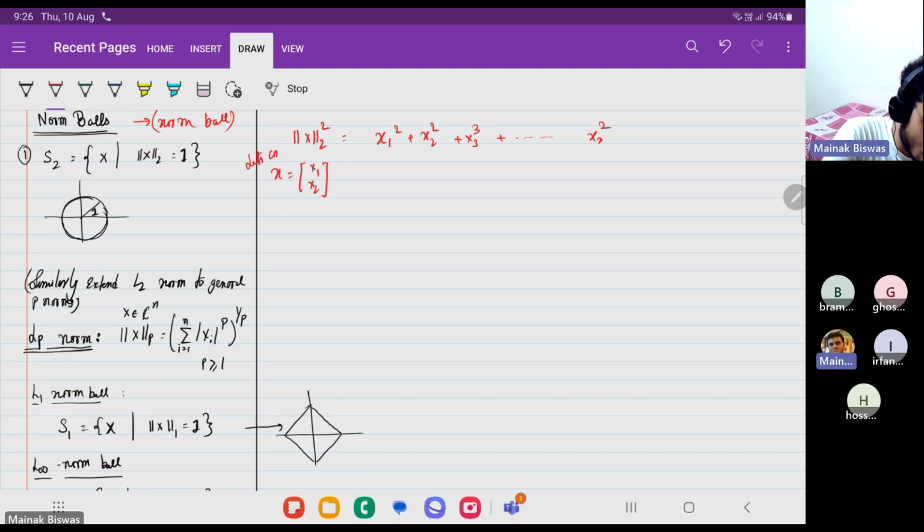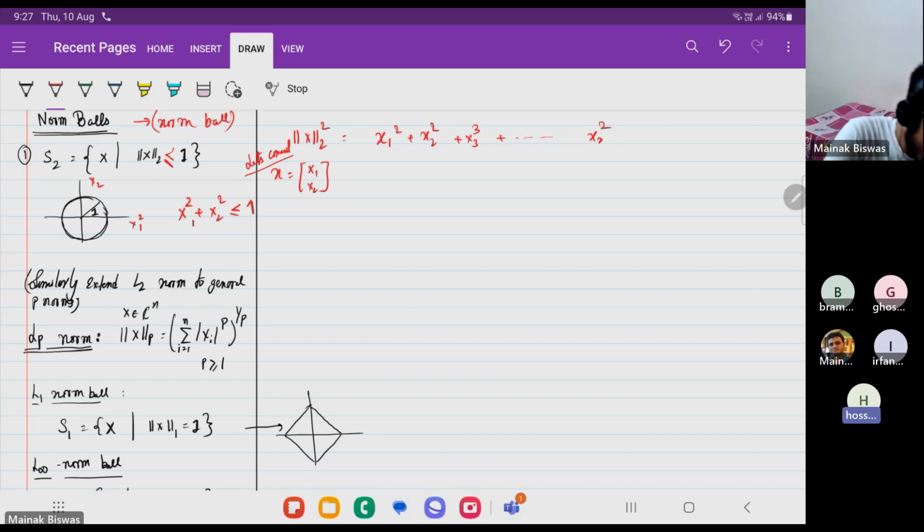Let's consider, how will you convert a two-dimensional thing into a three-dimensional thing? You'll just close your eyes and think, and it becomes a higher dimensional volume. Circles will become balls, then hyperballs, hypercubes, and so on. So I am going to define a norm ball as less than or equal to. So what will it be? Let's write x1 squared plus x2 squared less than or equal to 1.